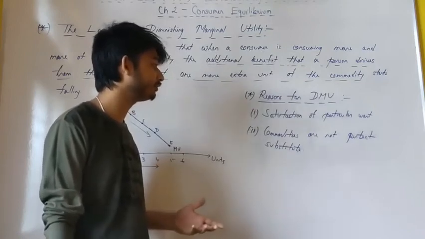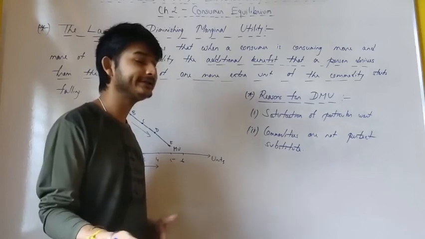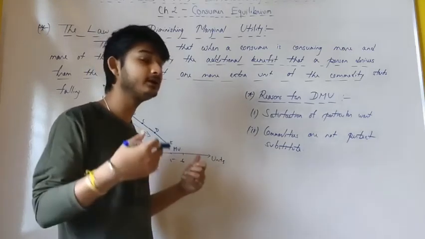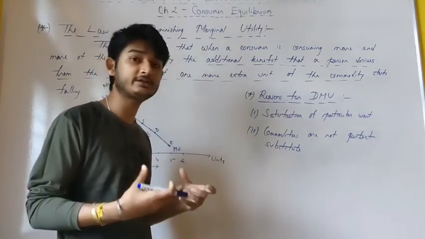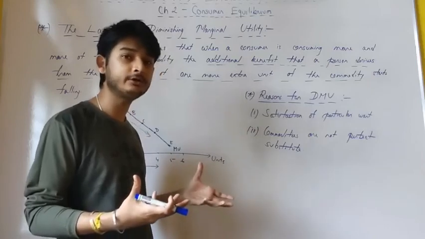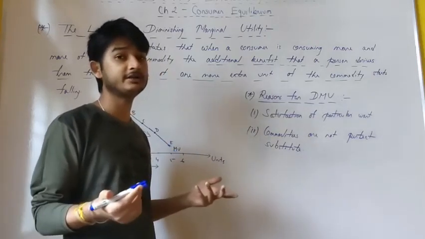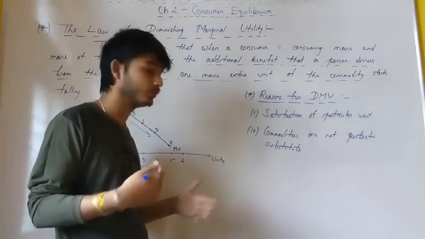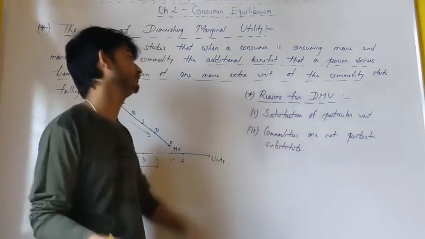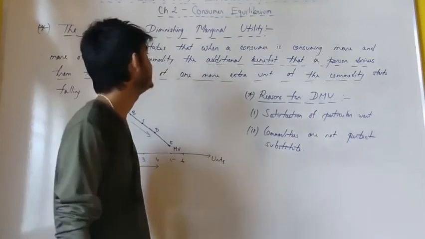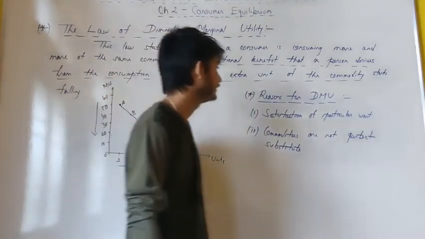That means we cannot take one commodity in place of another. Whenever we are starving, we need to take some heavy food. At that time, if we drink water, this will not give us that much satisfaction. So this is another reason for the operation of diminishing marginal utility.